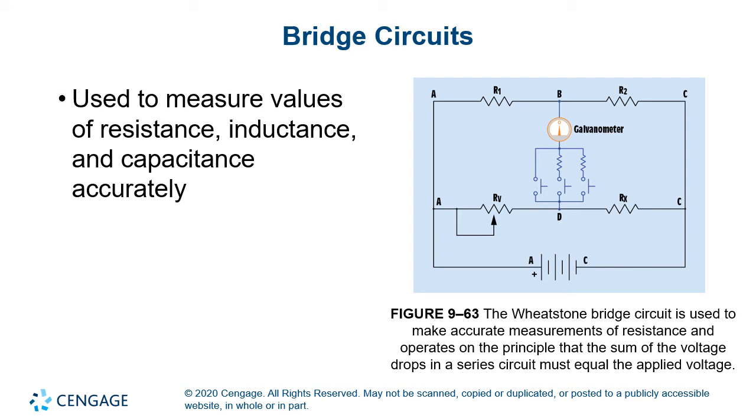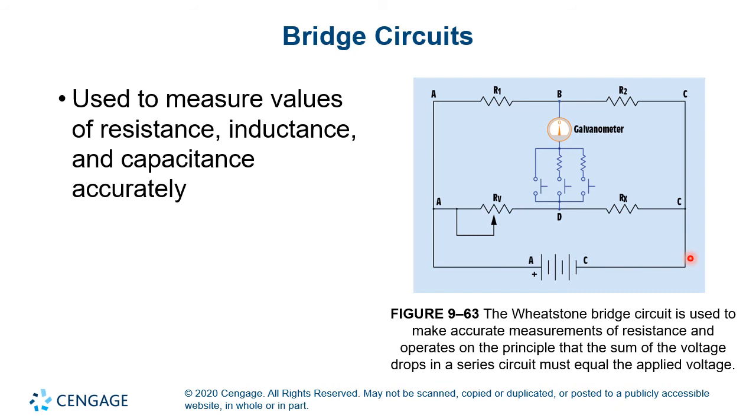Now, the last of the setups we're going to use is what's known as a bridge circuit. This specific one shown on the right is a Wheatstone bridge. Generally what these are designed to do is to exaggerate the change in a small value, so it's designed to measure small changes in things.